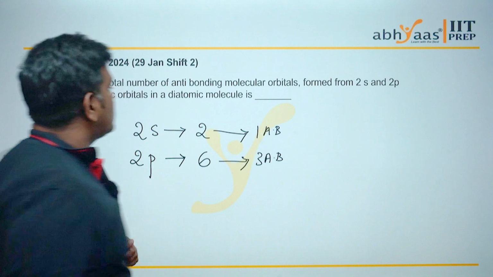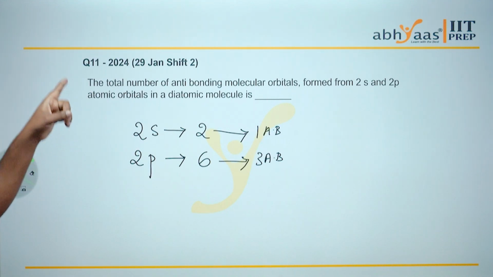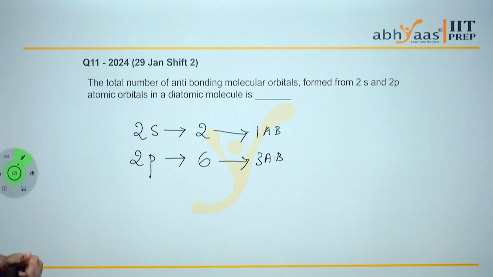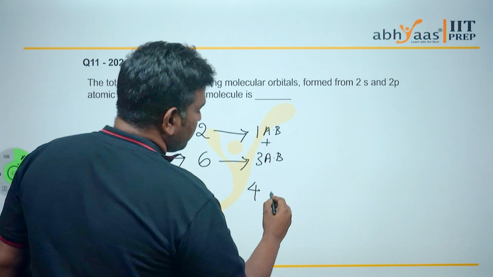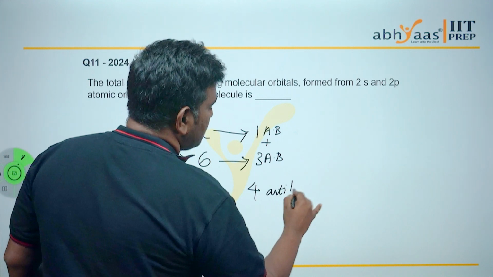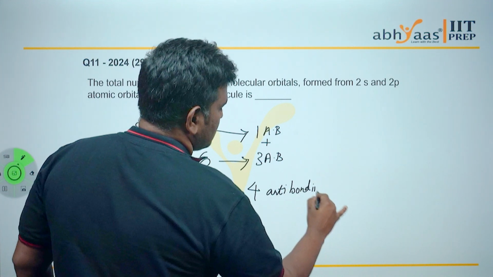So what is the question? The total number of anti-bonding molecular orbitals formed from 2s and 2p atomic orbitals in a diatomic molecule. So you will have 1 plus 3, totally 4 anti-bonding orbitals.